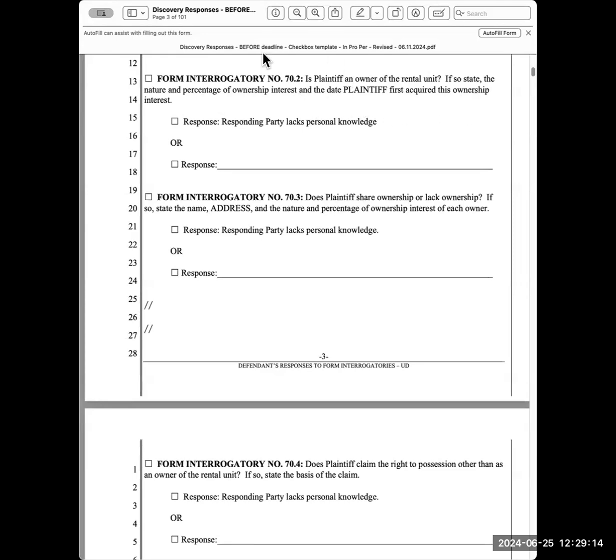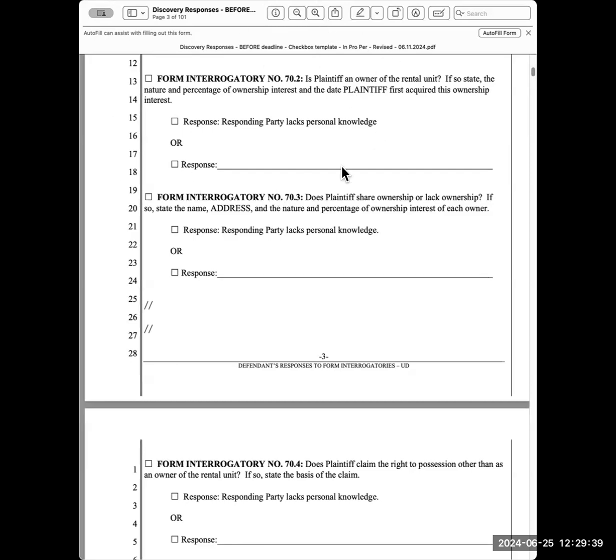If you didn't see the deed and you're not sure the plaintiff is the owner, even if the plaintiff told you they are the owner, even if the plaintiff's name is on your lease or rental agreement, it doesn't necessarily mean they are the owner. They'd have to be on the deed. Many times there are people listed on leases and rental agreements who are not the owners of the property.